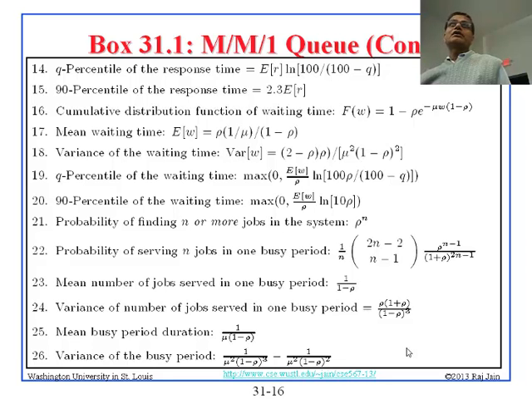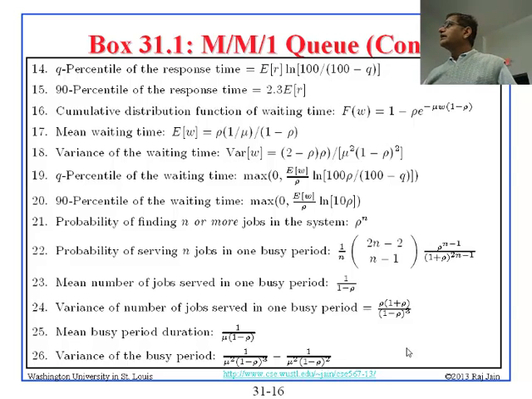When the queue dies down, the busy period is over. Time to take a coffee break then, right? Then the server takes a coffee break, and then suddenly the first job arrives. When the first job arrives, the next busy period begins. So that length of the period over which there is always one or more persons in the queue is called a busy period.